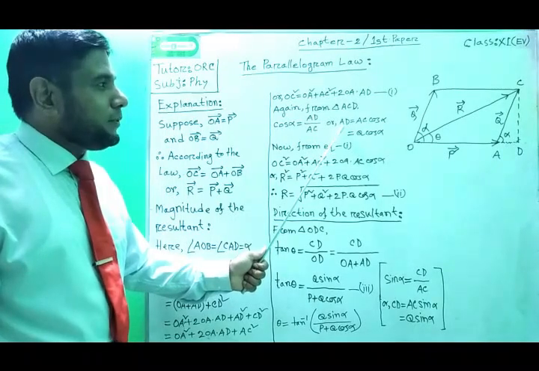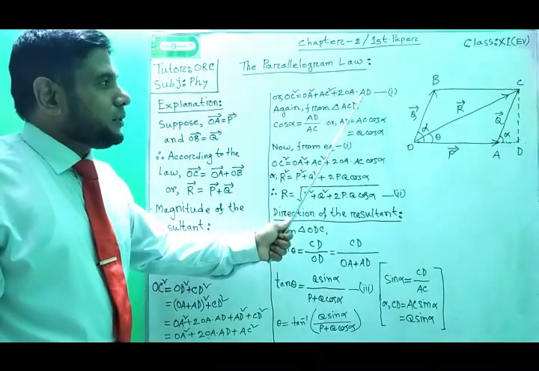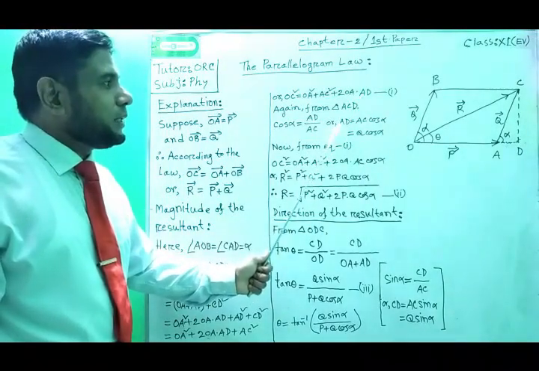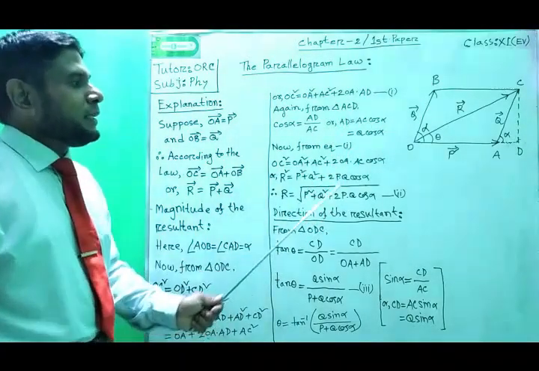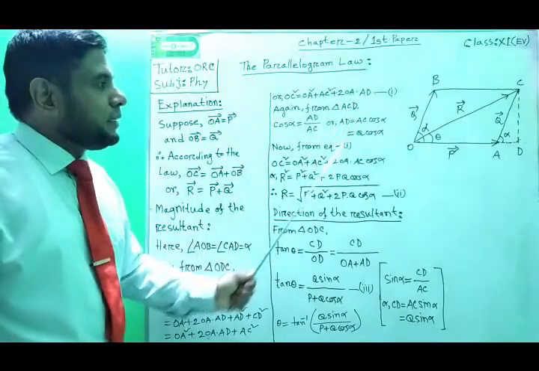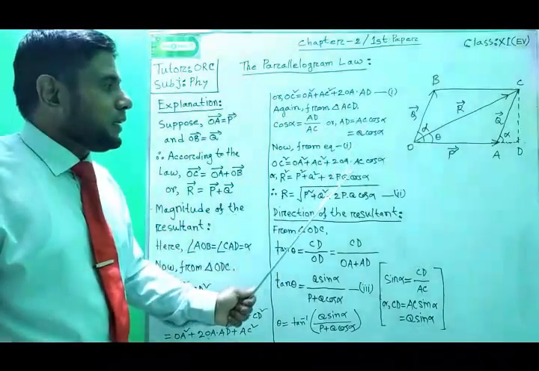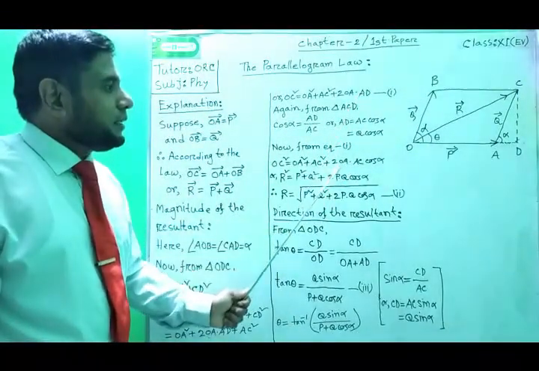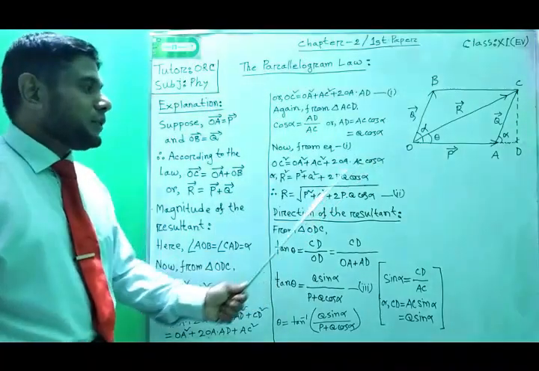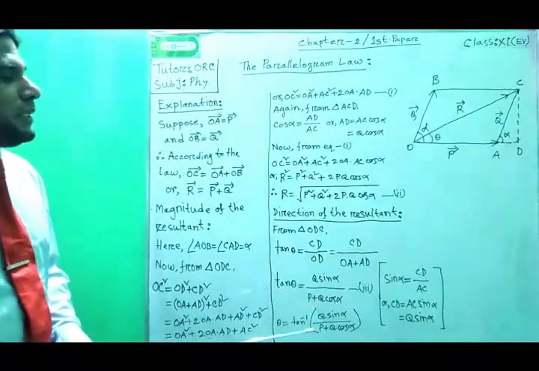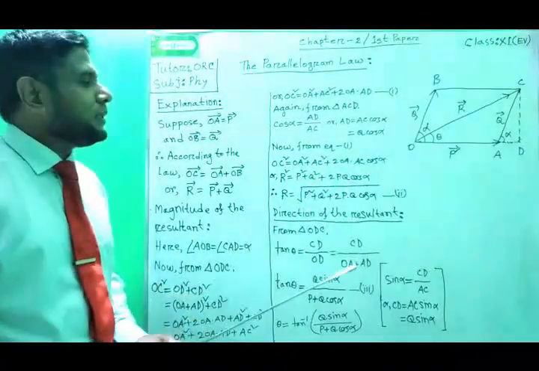We have already found AD equals AC cos alpha, so here we will substitute AC cos alpha in lieu of AD. So now we will substitute the information.